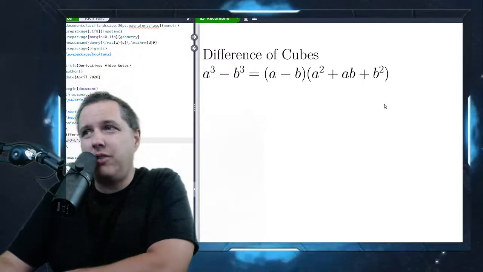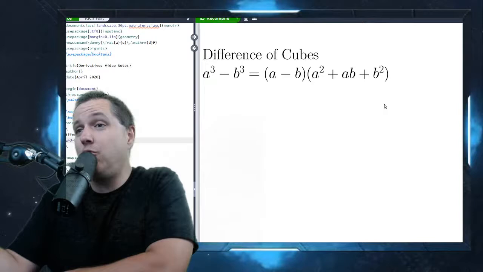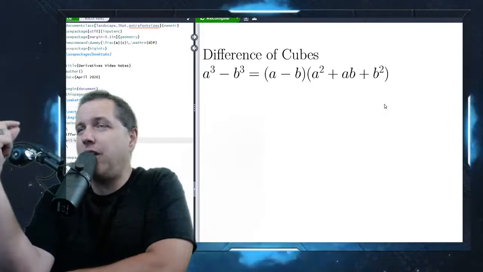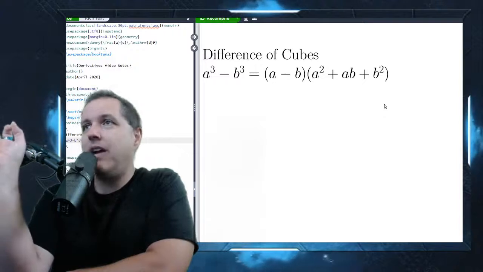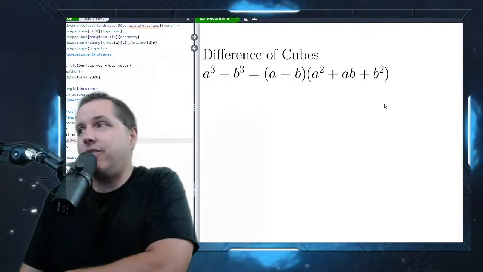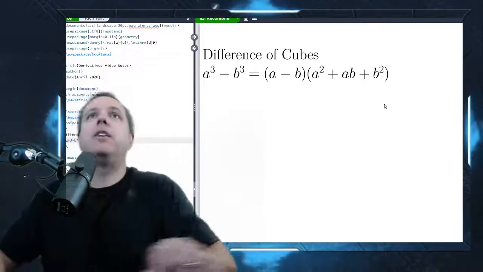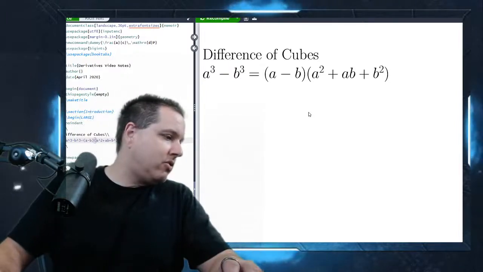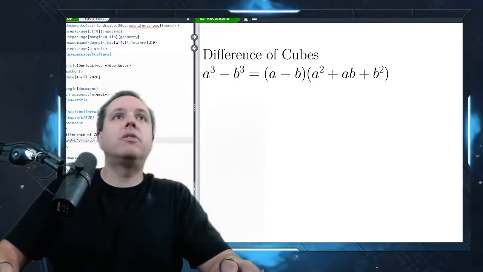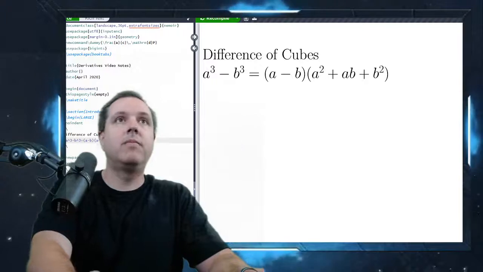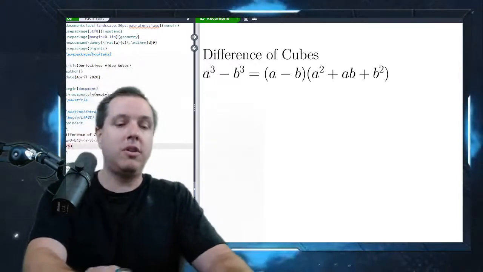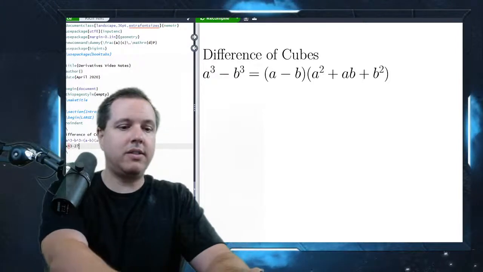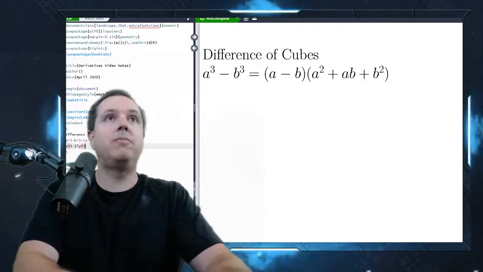There are a couple places where students make a mistake, but again, that's usually because they're trying to hold the formula in their head at the same time they're trying to substitute into the formula, and then that can lead to a mistake, which ends up missing the problem, right? So let's do this one. Let's say we've got 8x cubed minus 27y cubed.